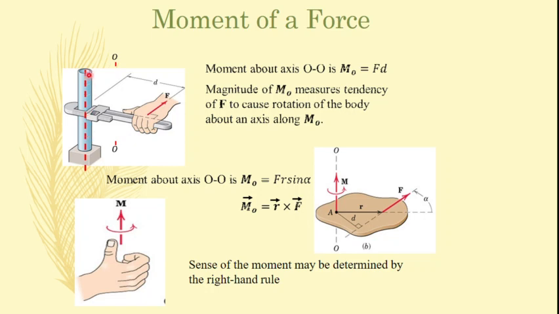Then the moment about this OO axis for this force is the magnitude of force times the perpendicular distance from the axis to the point of application of this force.